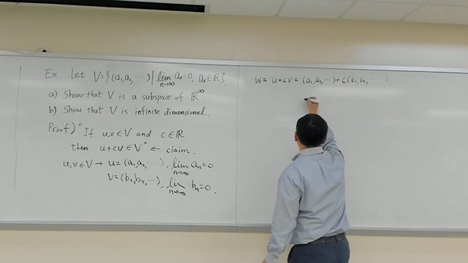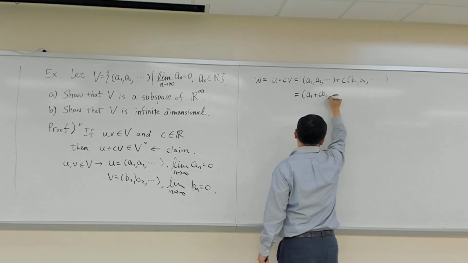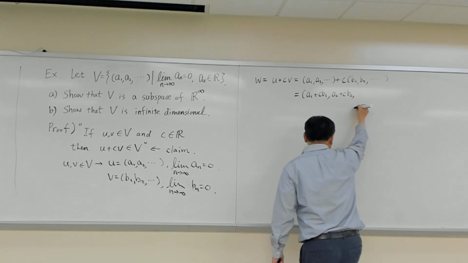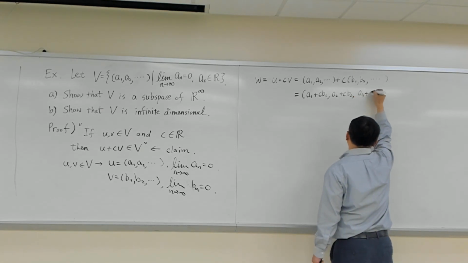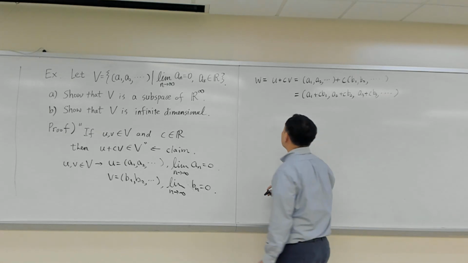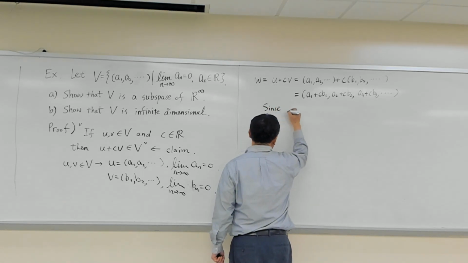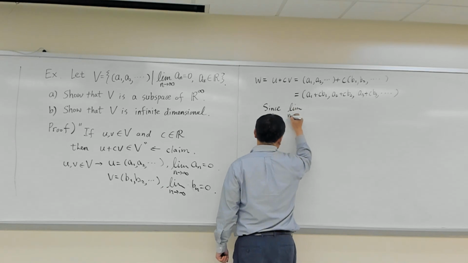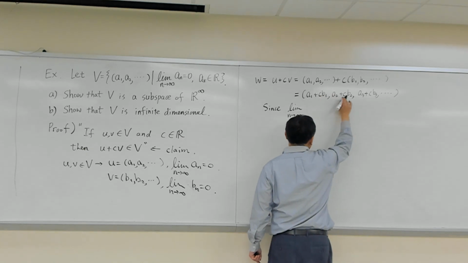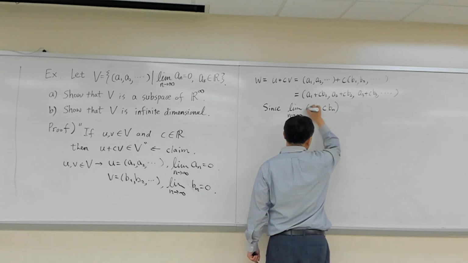And that's equal to A1 plus C times B1, A2 plus C times B2, and A3 plus C times B3, and so on. Therefore, let's look at the components of W. It looks like this, right? It's An plus C times Bn.